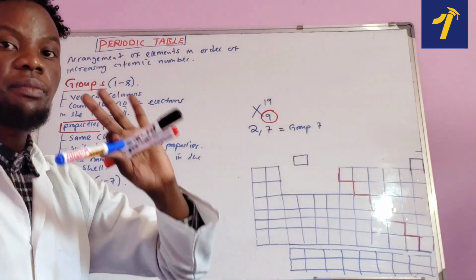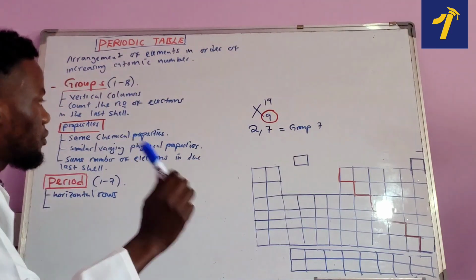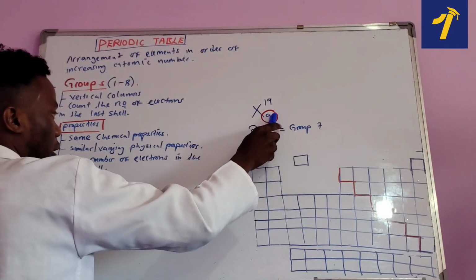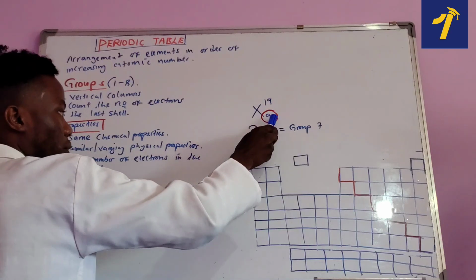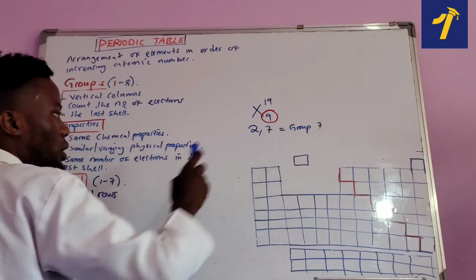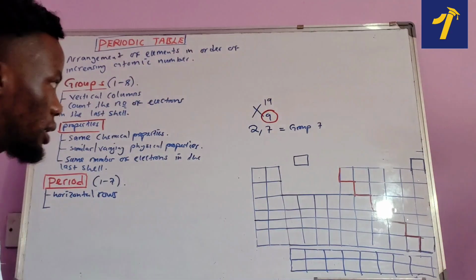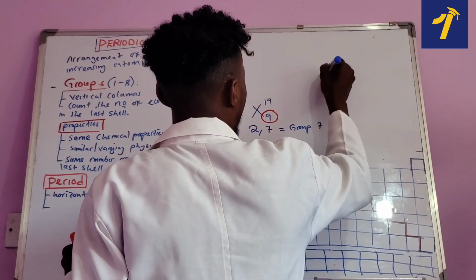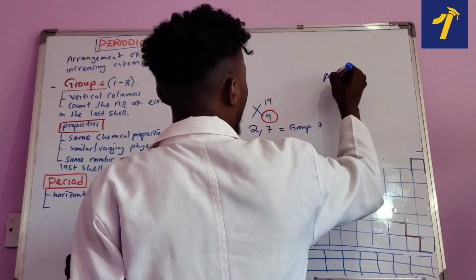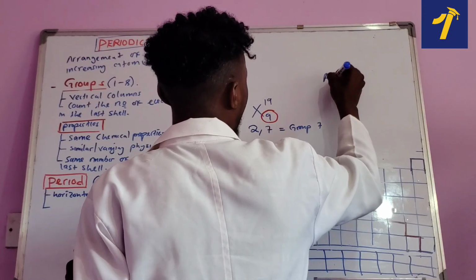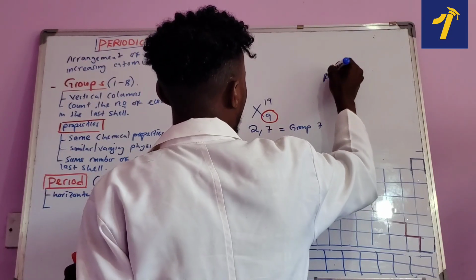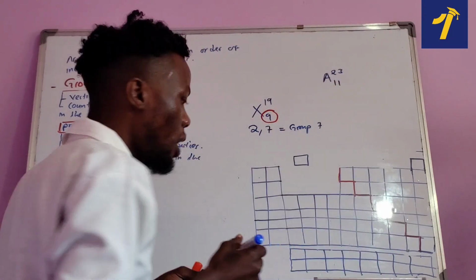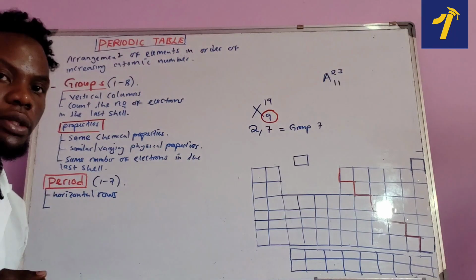First of all, you pick the atomic number. Then you write the electronic configuration. Let us practice another one. If this is element A, then this is 11 and 23. So that is element A, which we don't know.